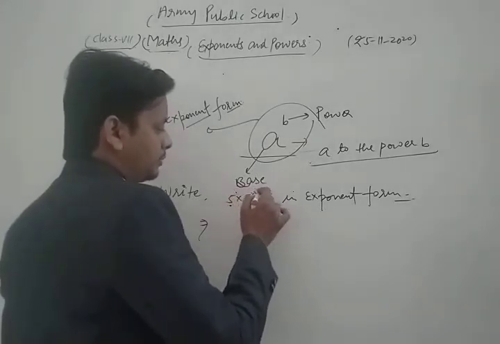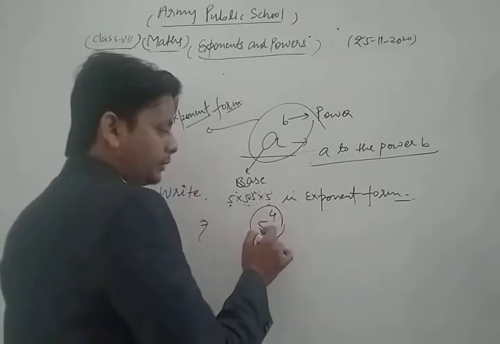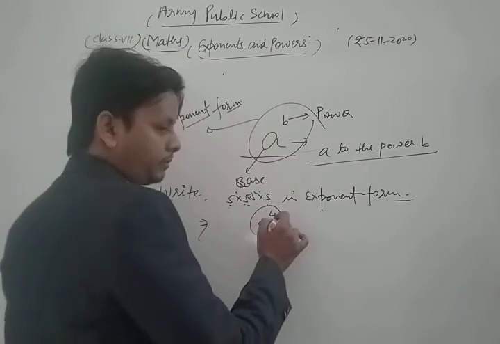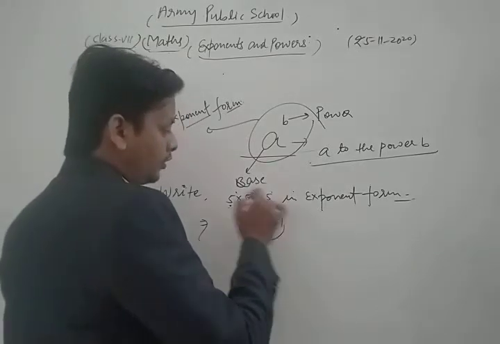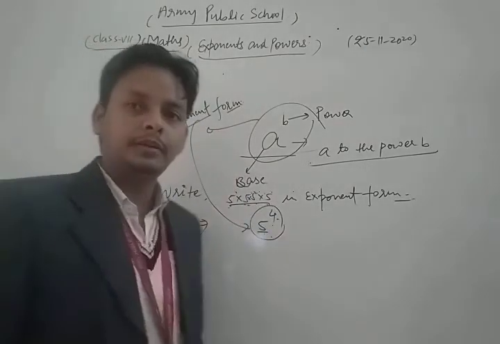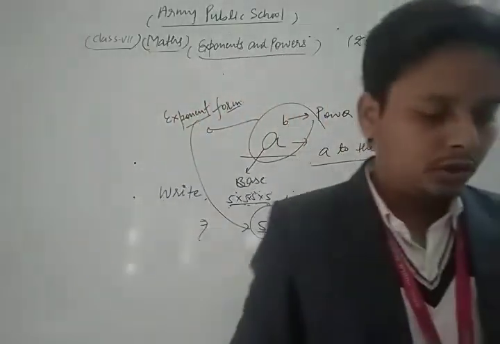So 1 plus 1 plus 1 plus 1 is 4. We read it as 5 to the power 4. In that number, 5 is the base and 4 is the power, and the representation of that number in this format is known as its exponent form. So this is the concept of that chapter, dear students.